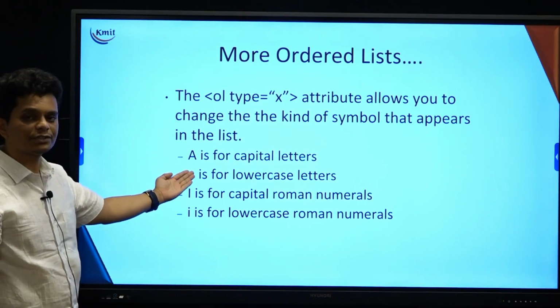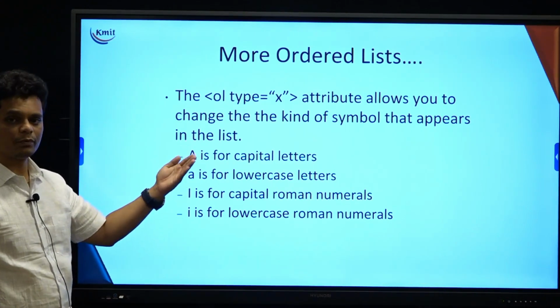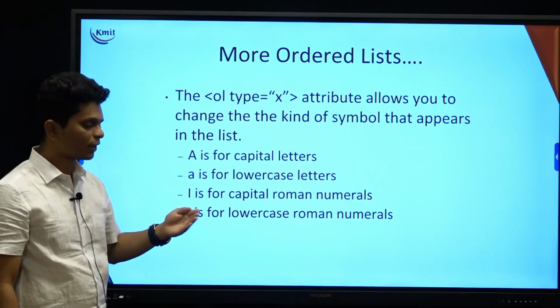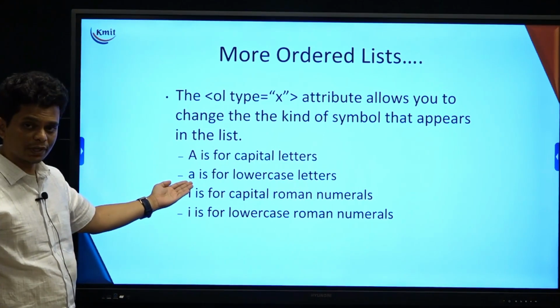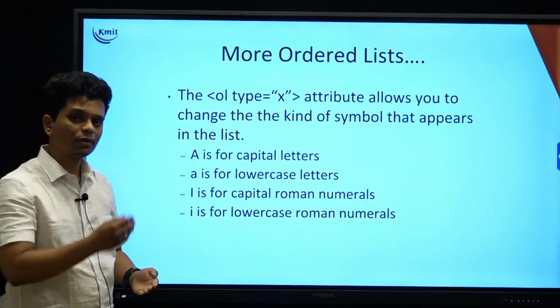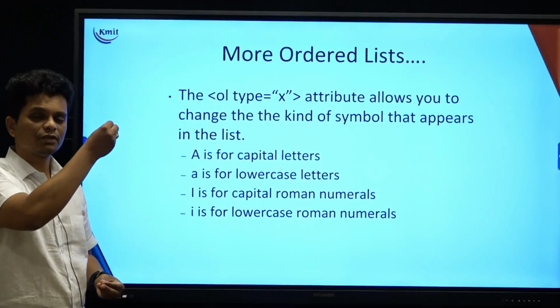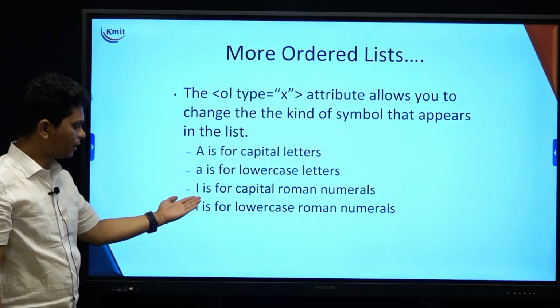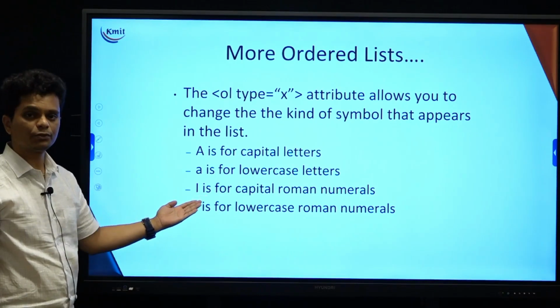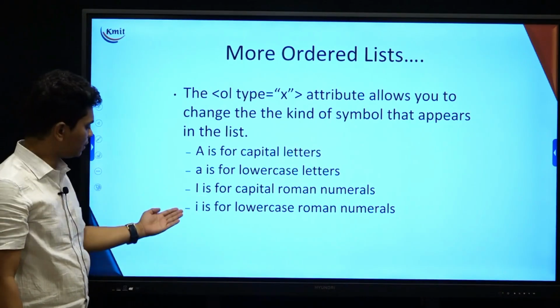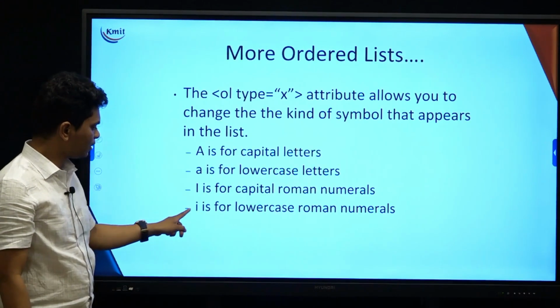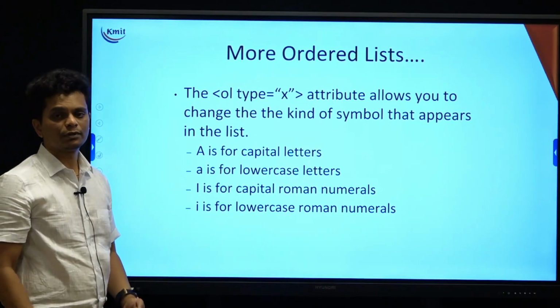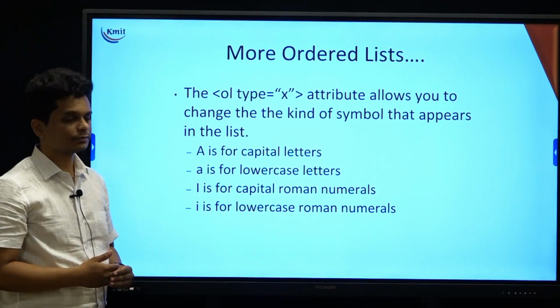If you use uppercase A, the list would appear with capital A, B, C. If you use lowercase a, the list would appear with alphabets starting from a, b, c. Likewise, uppercase I represents Roman capitals and lowercase i represents smaller Roman numerals.